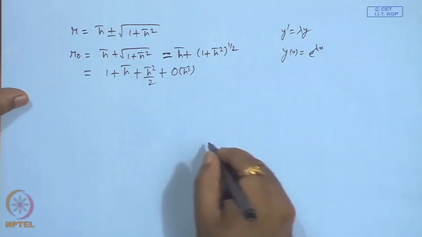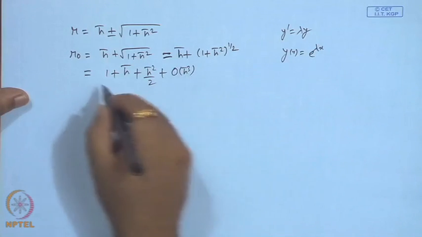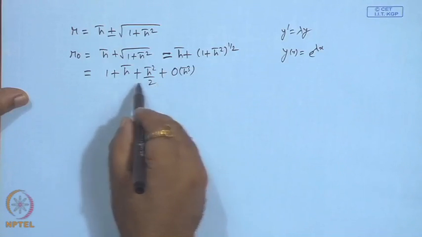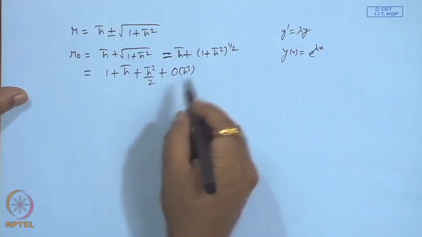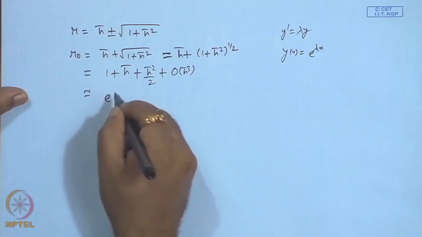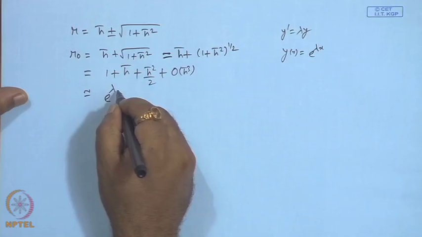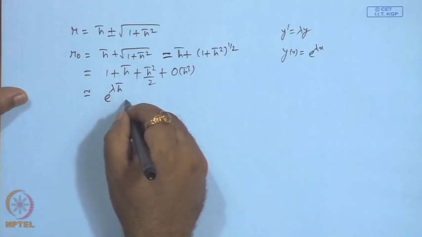Okay. So, if we approximate and try to identify with the exact solution, of course, this is indeed e power lambda h.